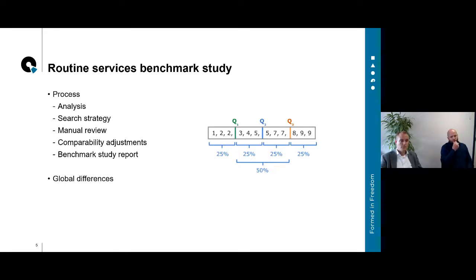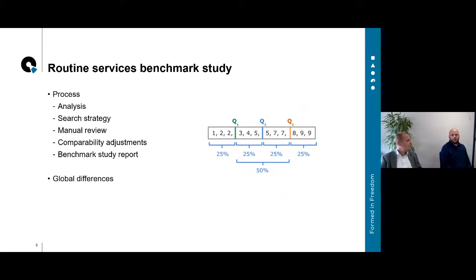Based on the analysis, you start with a search strategy. Basically, it's a third-party database that provides millions of potential comparable companies. You use some filters to increase the comparability of the companies that remain available. Certain filters could, for example, be the region of the tested party.